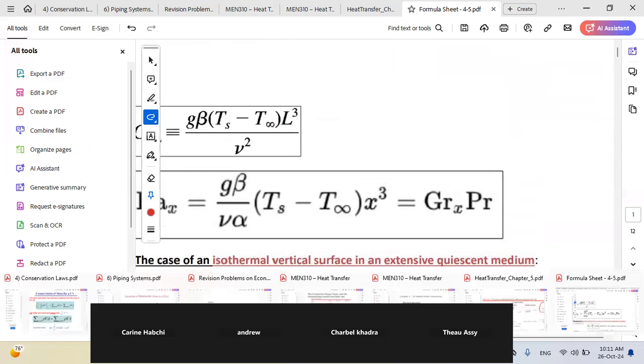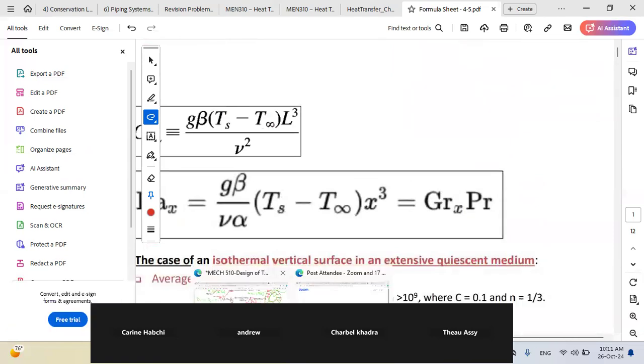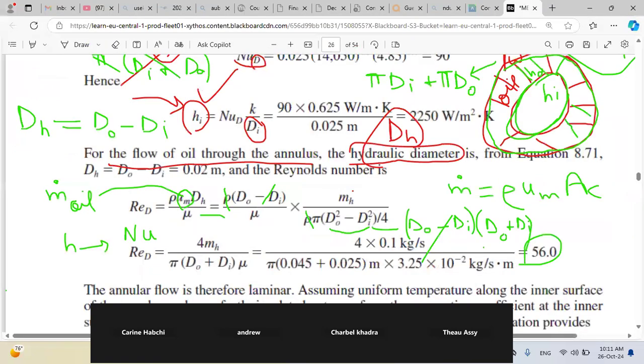But it's the same method. And all you have to do is to go to the appendix and search for relations at the external side. Or if you want, here, look, it's true that oil is external to this surface, okay? But that's if you consider the circular tube. But if you consider the annulus, oil is inside the annulus surface.